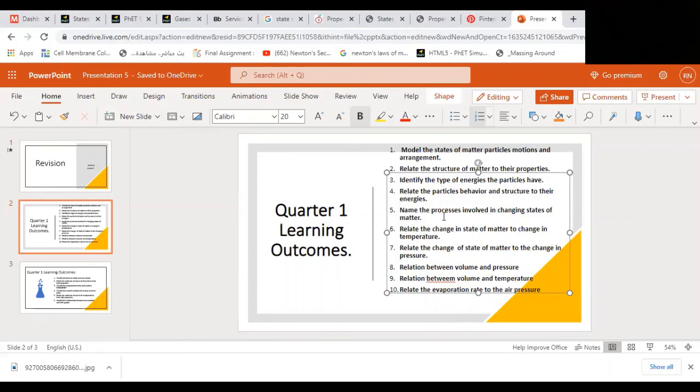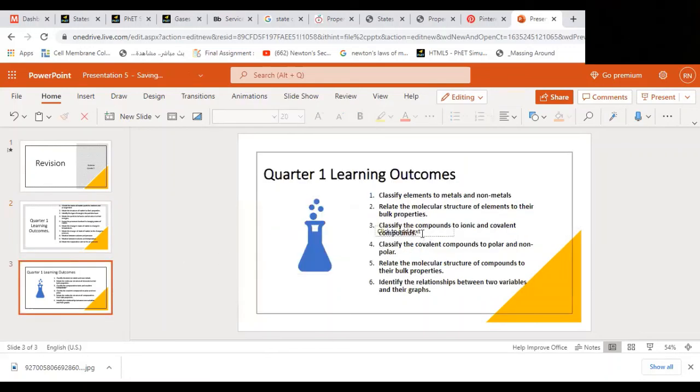And we named the processes. Here the energies also we have covered. Okay, let's go to lesson 4 where we classify elements into metals, non-metals, and so on, the rest of the objectives.